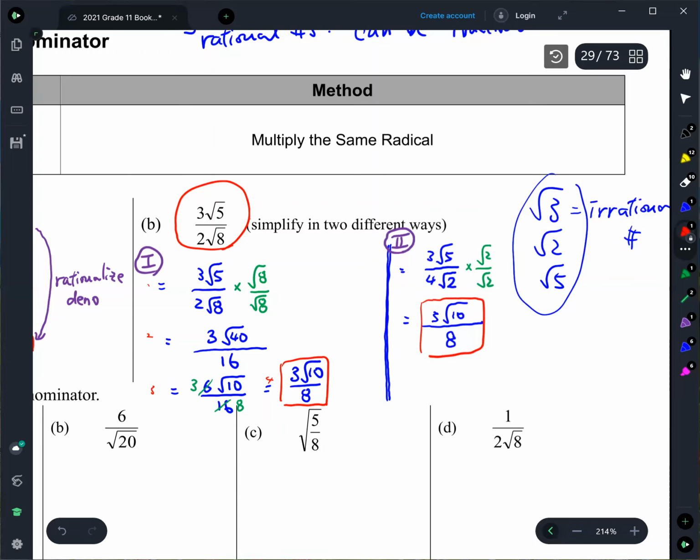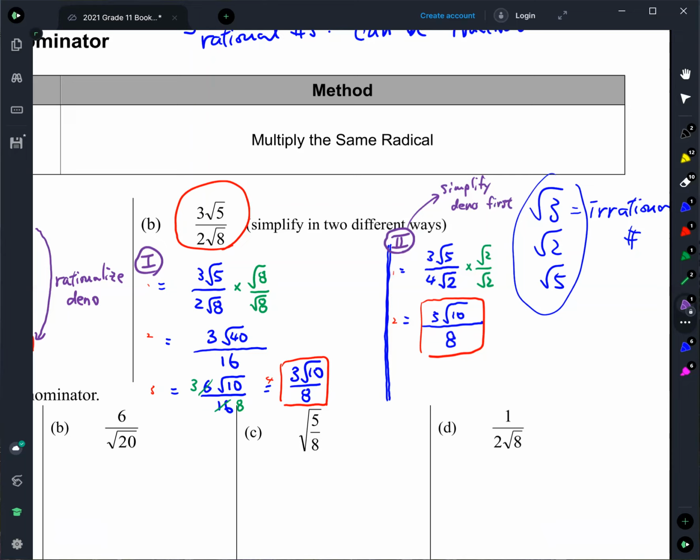Right, so you can see it saved 2 steps. So if you're able to simplify first, then you do that, okay? The second way is to simplify the denominator first, instead of just multiplying the irrational number right away, because you eventually still have to simplify. You will reach the same answer, just take a few more steps.